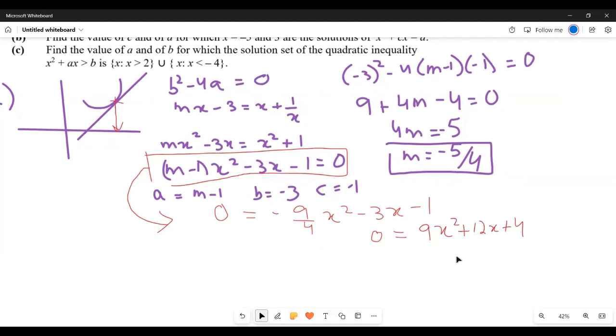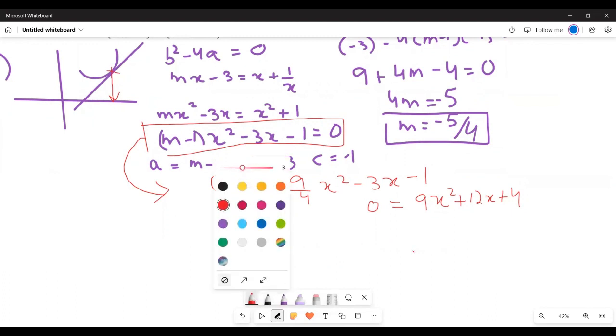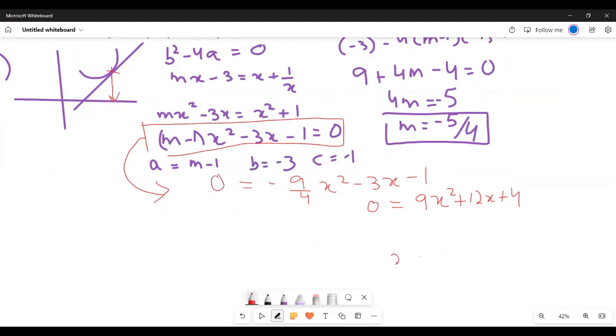Okay. Now you solve this using either factorization or quadratic formula. Can be solved by factorization. x equals minus 2 by 3. And the other answer is also the same. So take 3 to the other side, 3x plus 2 in one bracket and 3x plus 2 in the other bracket equals 0.